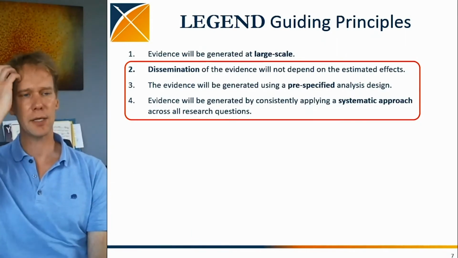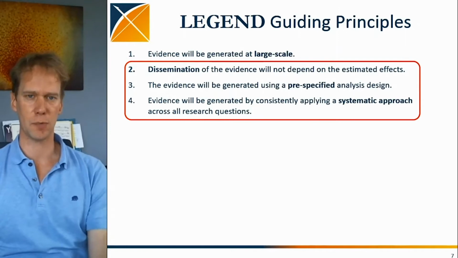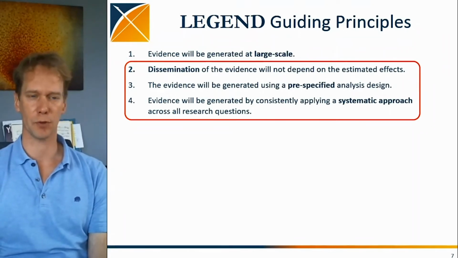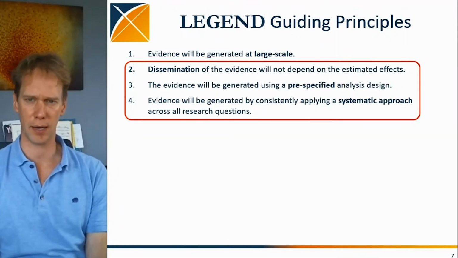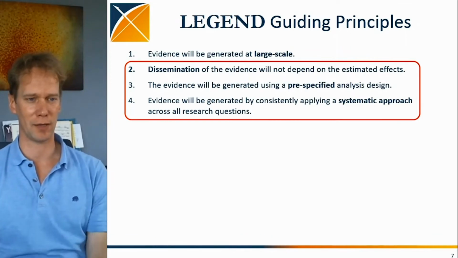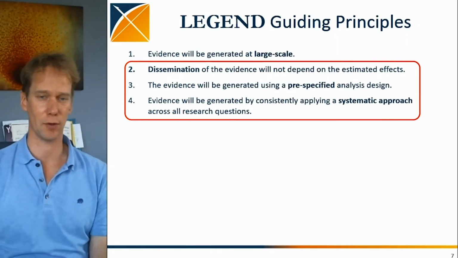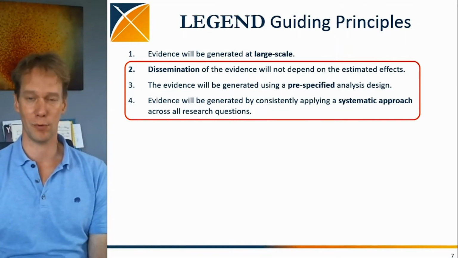But there's a second reason why we want to generate evidence at large scale. And that brings me to the next 3 principles of LEGEND. The second principle states that dissemination of evidence will not depend on the estimated effects, meaning that no matter whether we observe the effect to be large or small, significant or not, we will communicate the effect to whoever wants to hear about it.